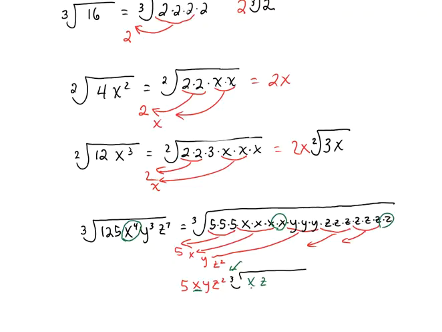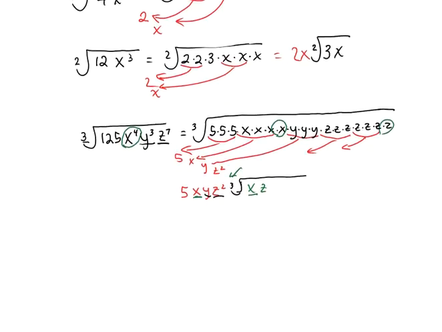So I've got 1x on the outside, 1x on the inside. And then for y's, 3 goes into 3 once with none left over, so that's why I have a y on the outside with none left over. And then for the z's, 3 goes into 7 twice, so that's why we have 2 z's on the outside and 1 left over on the inside.